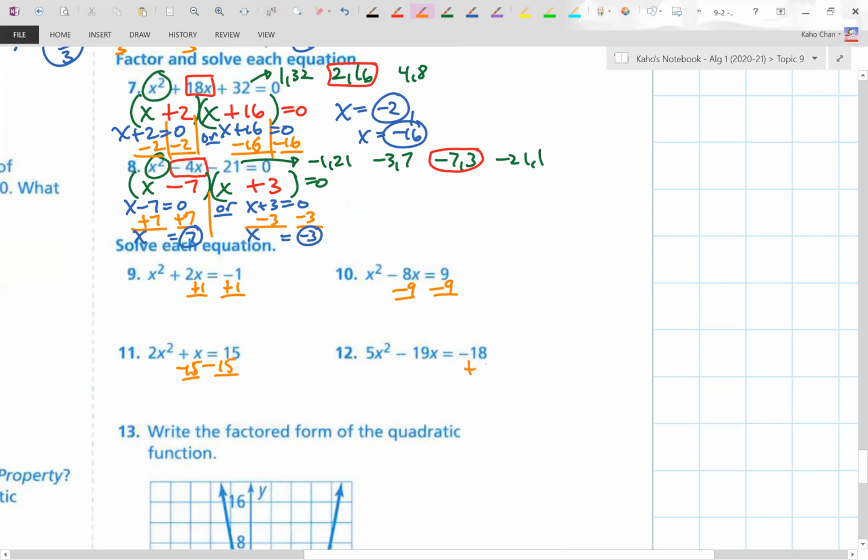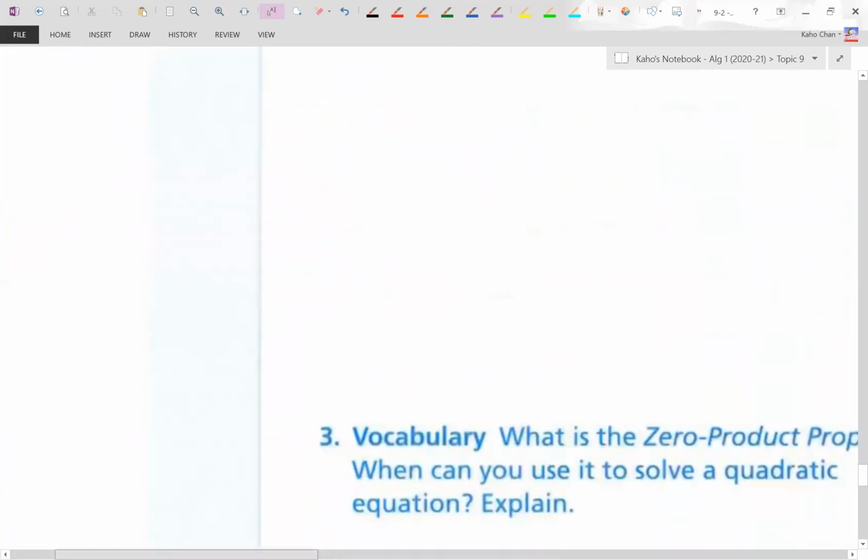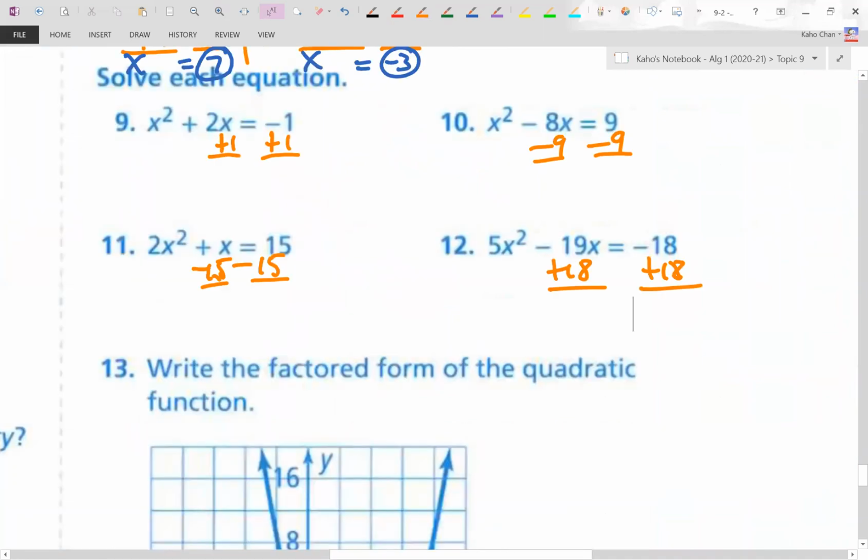So let's do that. Zoom in a little more. Number 9, we have x squared plus 2x plus 1 equals 0.